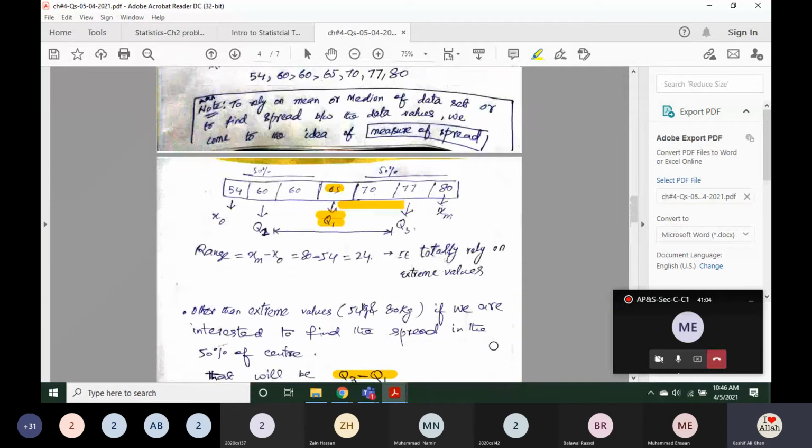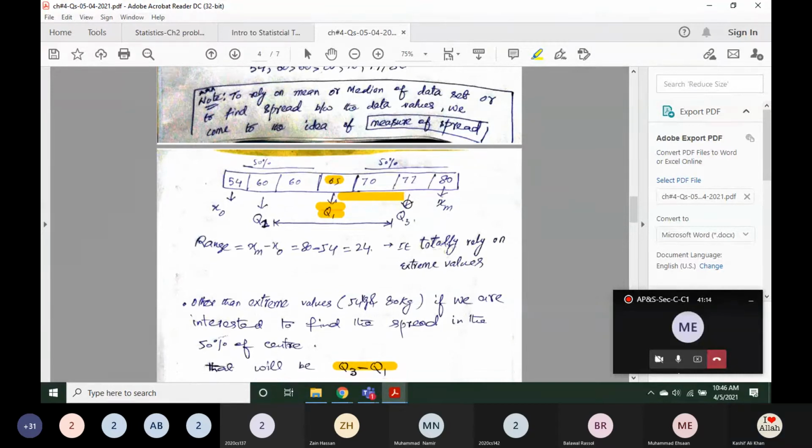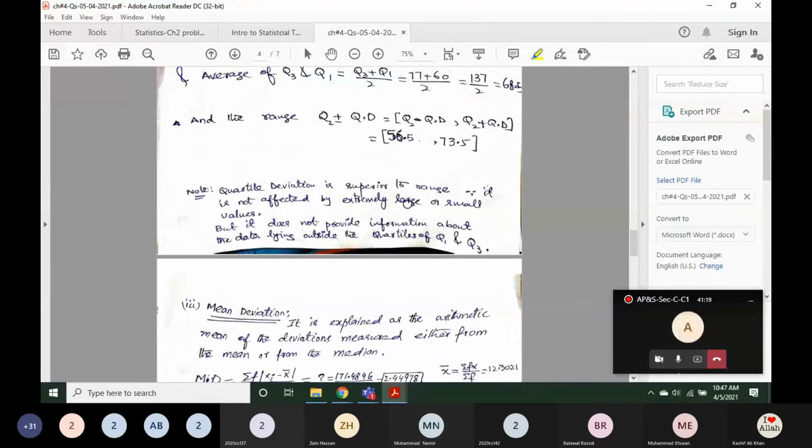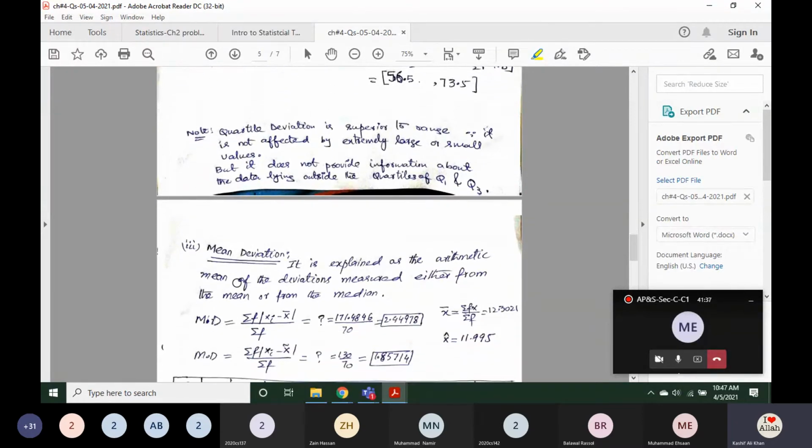Yes, that's fine because quartile deviation confines itself within that range from Q1 to Q3. So we can say quartile deviation is superior to range, but its demerit or weak point is that it does not provide information about the data lying outside the lower quartile and upper quartile. Okay, that was the second measure of dispersion.